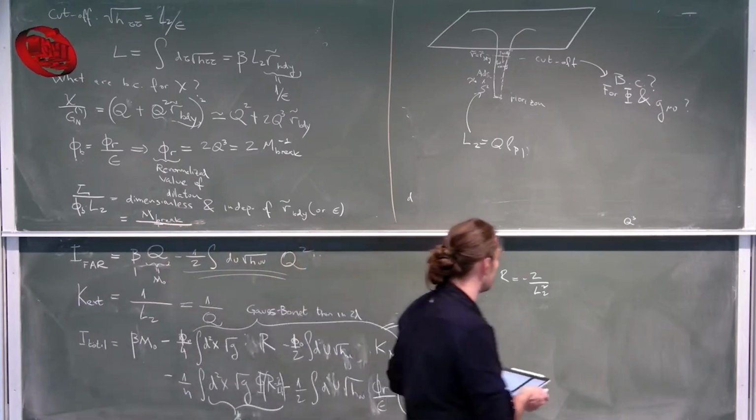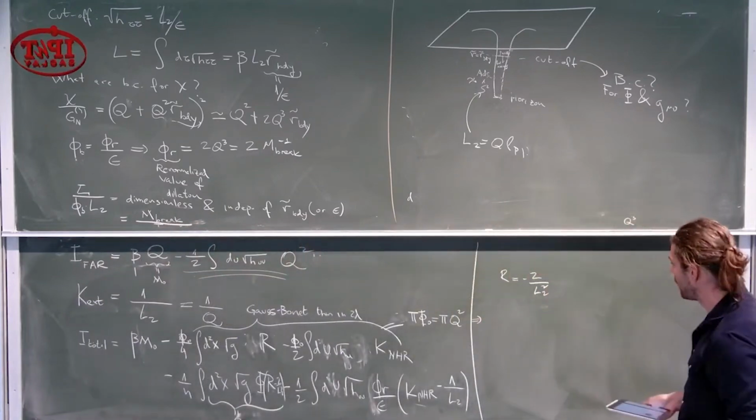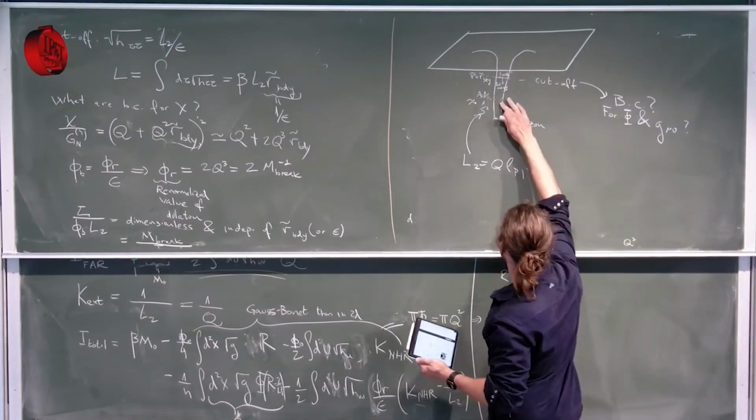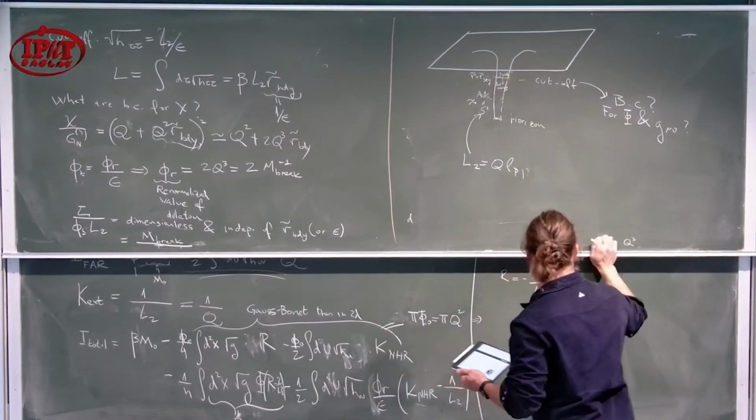So the point is that with the boundary conditions that we've specified, we haven't actually fixed the location of the junction between the near horizon region and the far away region.